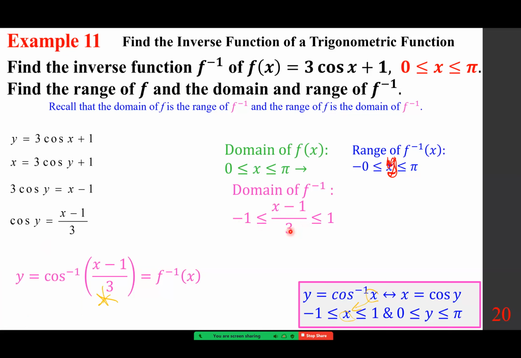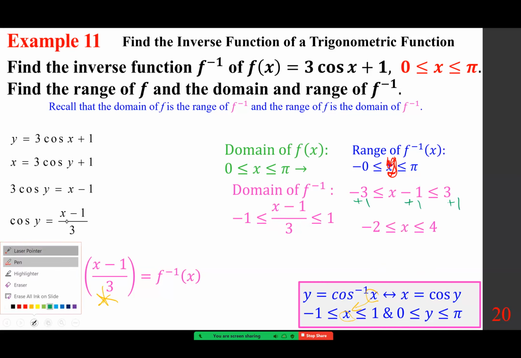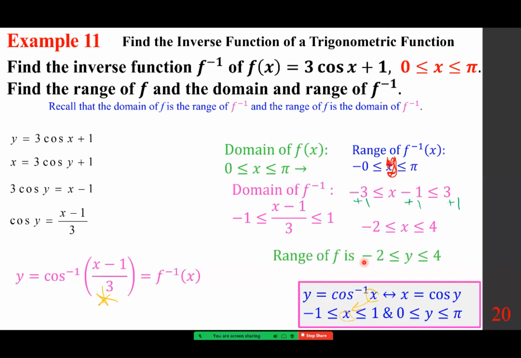This becomes -3, this becomes 3. Let's add 1. It becomes -2 to 4. So this is the domain of f inverse, which means the range of f, y, is the same thing, -2 to 4.